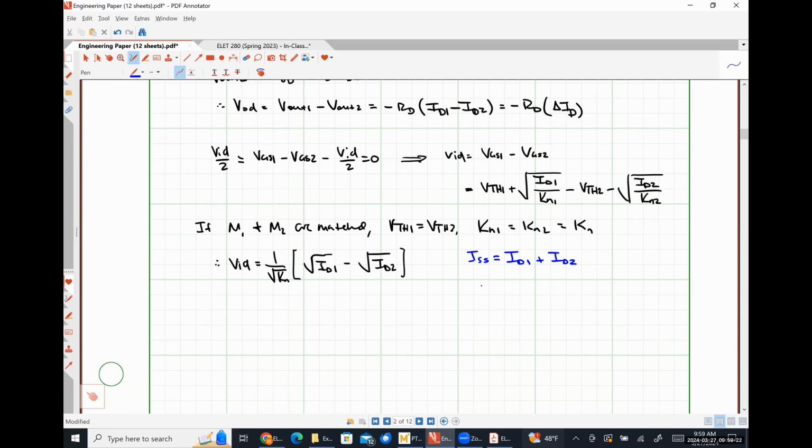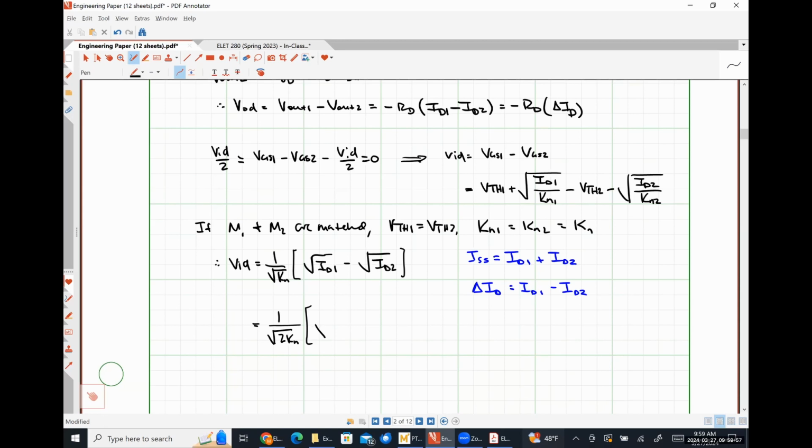And we know that delta ID is ID1 minus ID2. And using those relationships, we can actually write our differential input voltage as 1 over the square root of 2 Kn. So I'm going to wind up with a factor of 1/2, and I'm just going ahead and moving it outside from this manipulation.